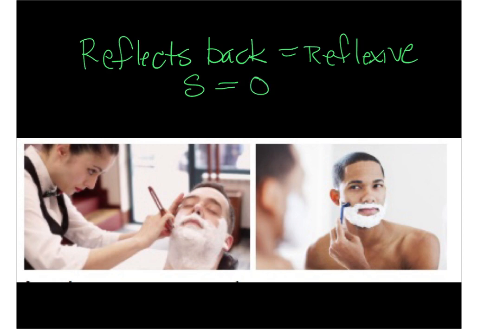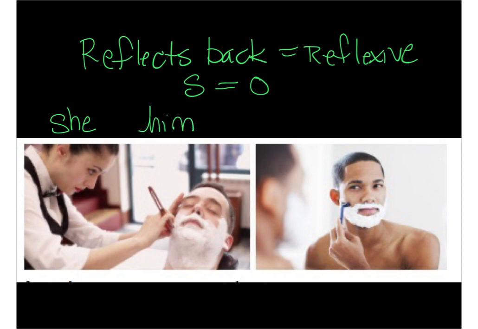So if we look at our pictures here, we have two examples of to shave. So this is an example of not reflexive. She shaves him. And in English, we will use the same one. You'll see this too. So she shaves him.